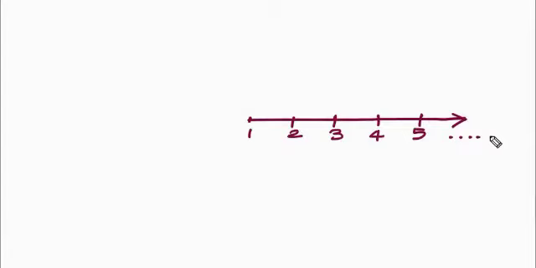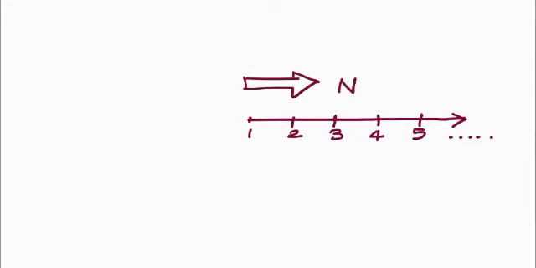So the numbers start from 1, 2, 3, 4, 5 and they go on up to infinity. So we see that the natural numbers move towards the right and they are represented by the letter N.